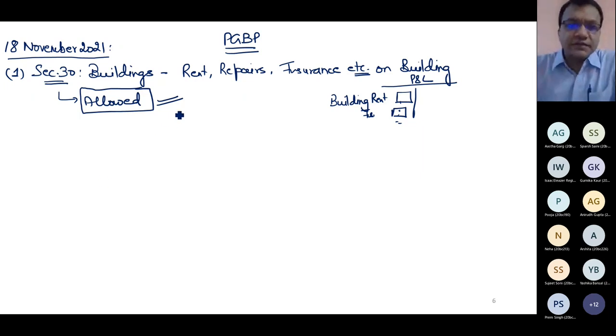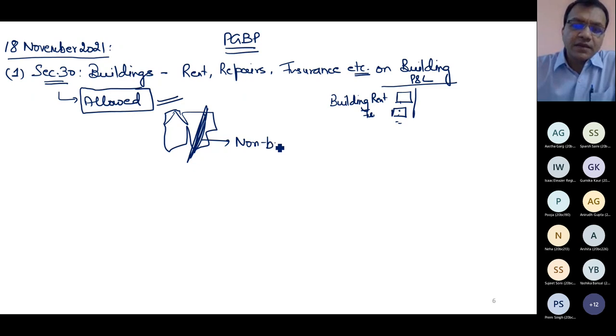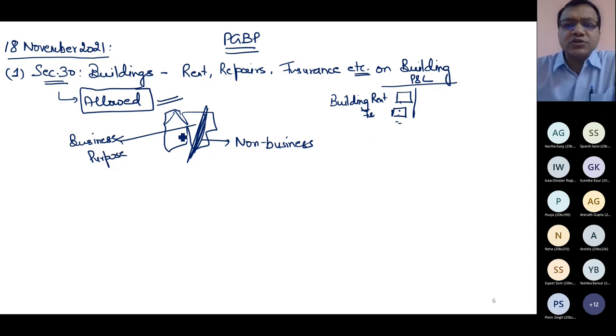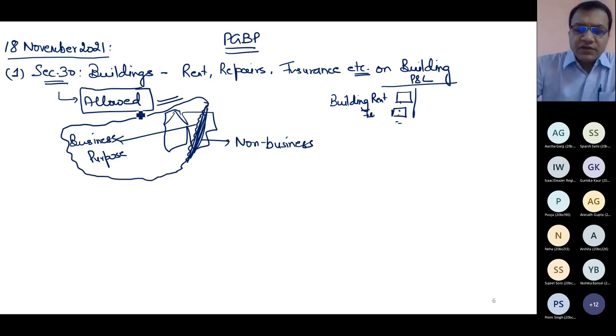Sometimes what can happen is that if this is my building, maybe some portion is used for non-business purpose and some portion of that building is used for business purpose. Then do remember that only the rent, repair, insurance, etc. on building of this portion is allowed as deduction.